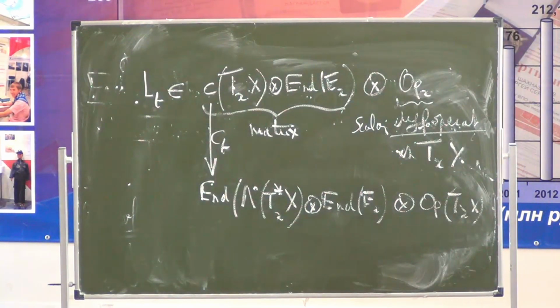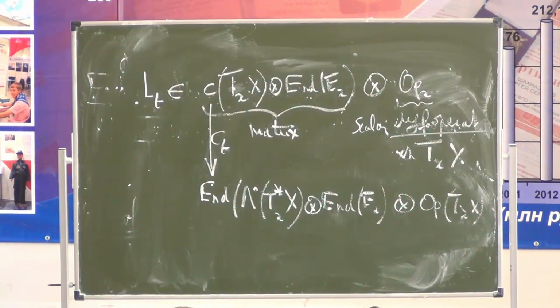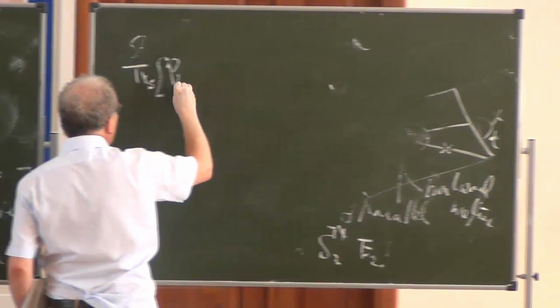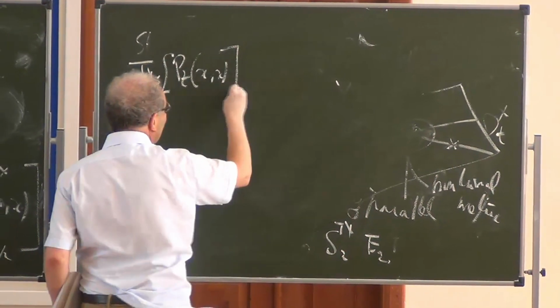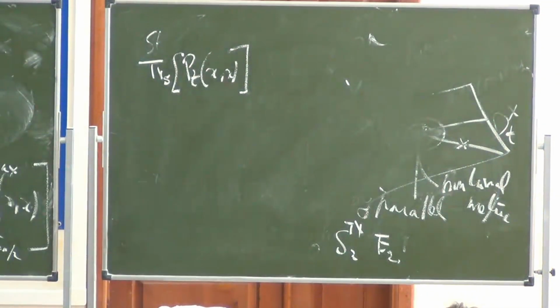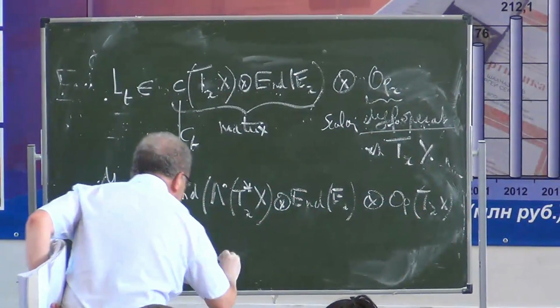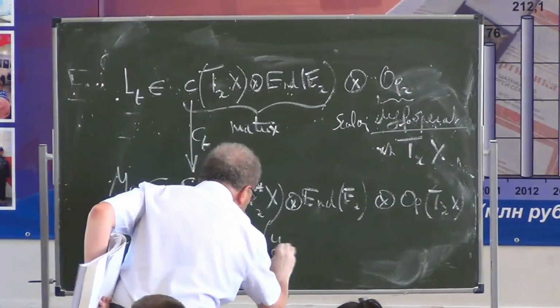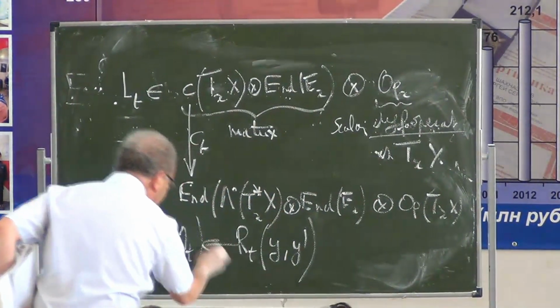And now again, I'm going to use this. I will then say that the supertrace of PT of X and X, so let me call, I get this way an operator MT. I look at exponential minus MT and I call RT of y, y prime its kernel.